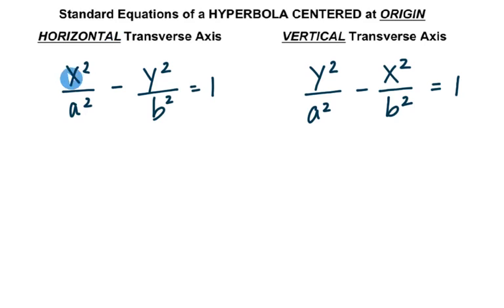So for horizontal, we have x minus y, and then for vertical, we have y minus x. That's how we discern. Now with an ellipse, the a and the b were larger values. In this case, they can be either size. A or b can be the bigger number. What we're going to be focused on is the value that comes first and the value that comes second.